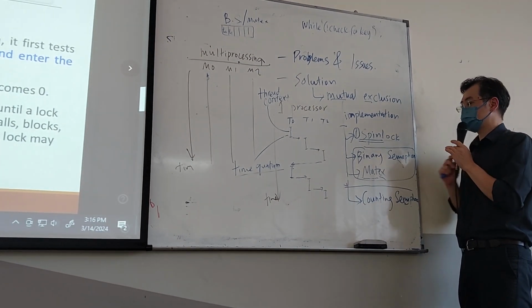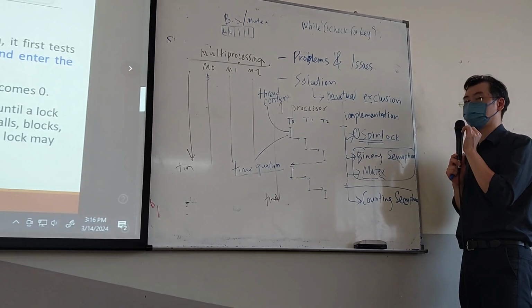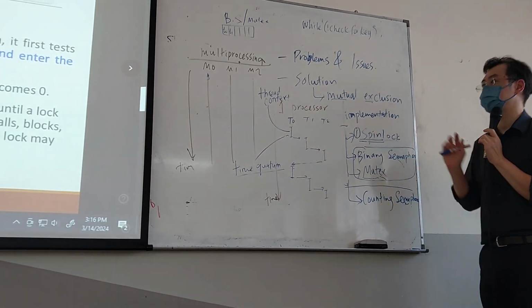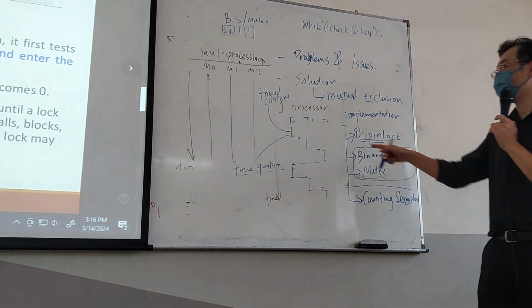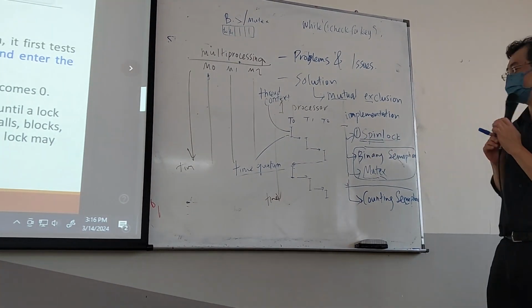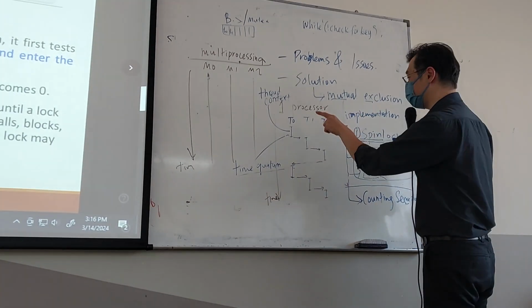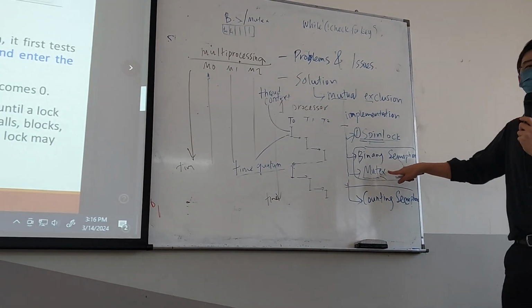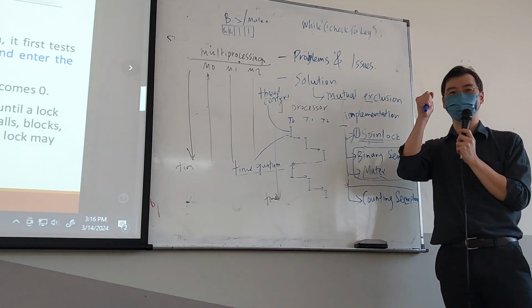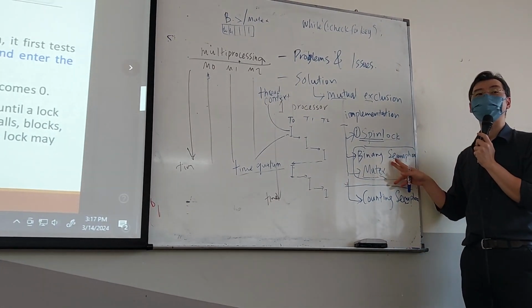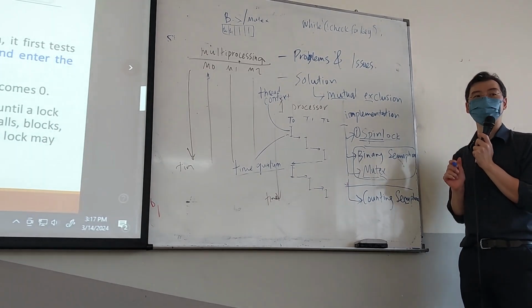So this ownership actually makes these two different. Because binary semaphore, there's no ownership. You cannot own anything. So mutex you can own. So the operating system can check who actually owns this mutex, who actually holds the key. For binary semaphore, the operating system cannot find out this information.